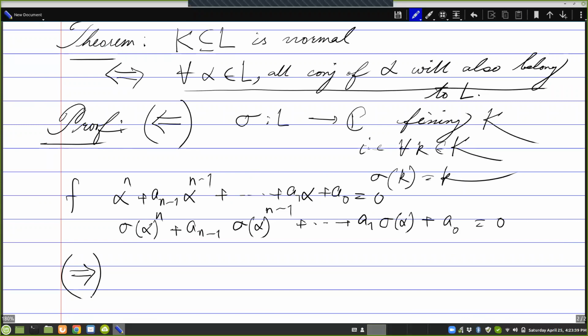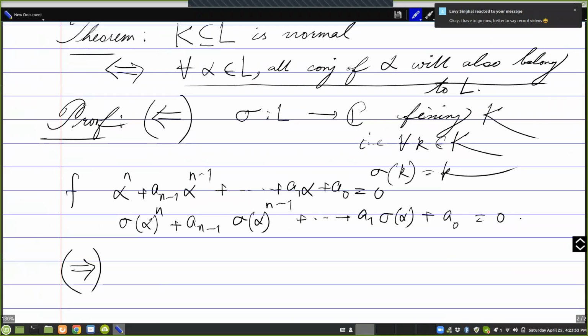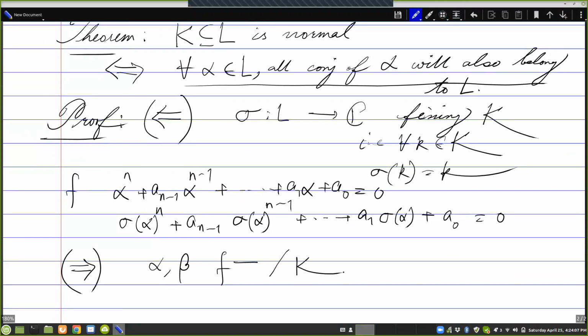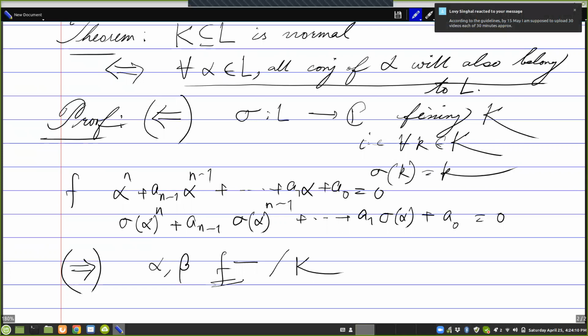In the reverse direction, we will show that if L over K is normal, then all conjugates are inside. Okay. So what we do is suppose alpha and beta have the same minimal polynomial f over K. Again, by definition of minimal polynomial, it's an irreducible monic polynomial.